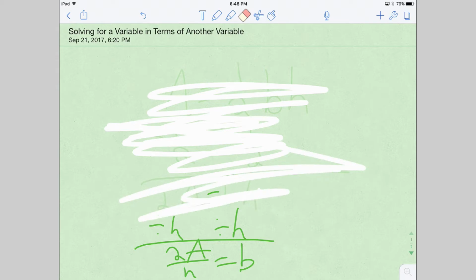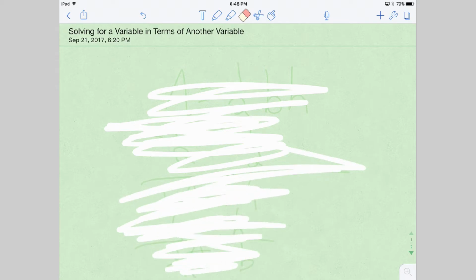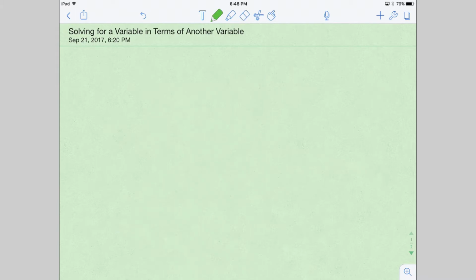Now we're going to do a bit of a weird example here. And as you can tell, I'm not getting into anything crazy with this video, just an introduction to stuff like this. So if I was to do something a little bit more interesting, like c equals 4 over b, and I wanted you to solve for b.